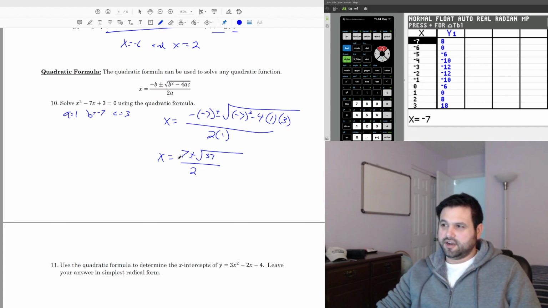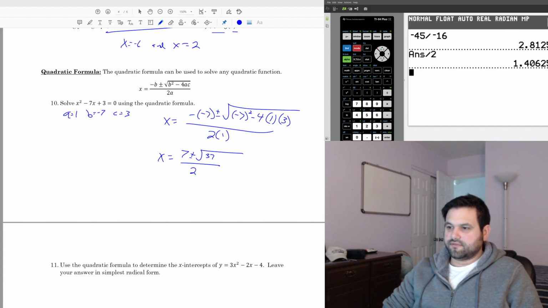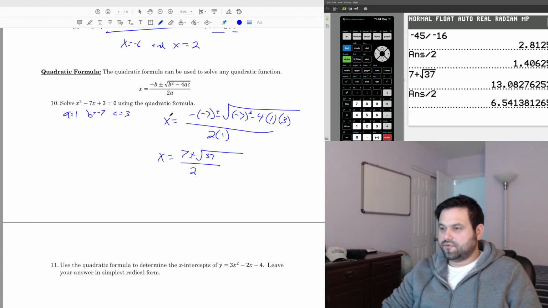And the square root of 37 is not going to simplify. So we could essentially just leave it like this, or we could type it out and get decimals, okay? So this is an acceptable answer. If we went ahead and found the decimals, it would be 7 plus the square root of 37 divided by 2. So it's about 6.54.